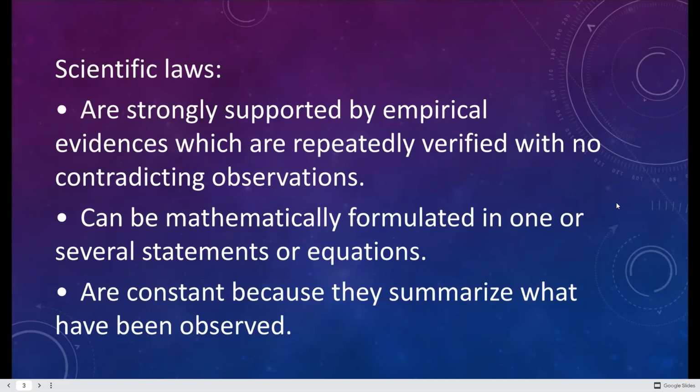We can consider it a scientific law if it is strongly supported by empirical evidence which is repeatedly verified with no contradicting observations, just like the laws of motion by Newton.